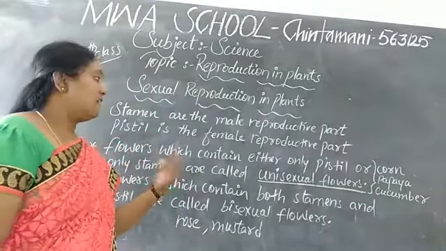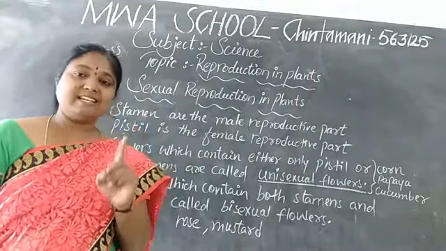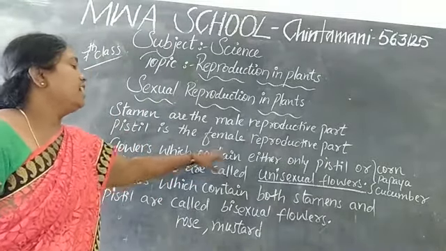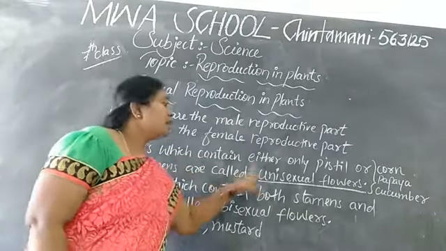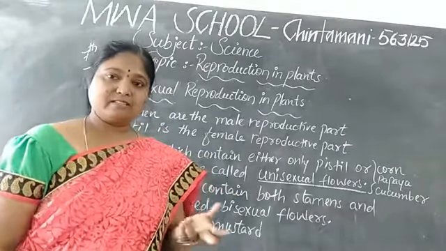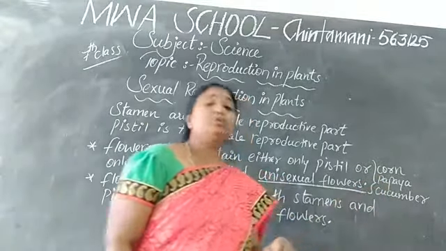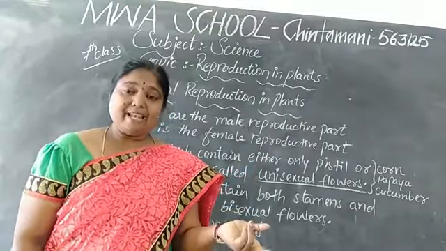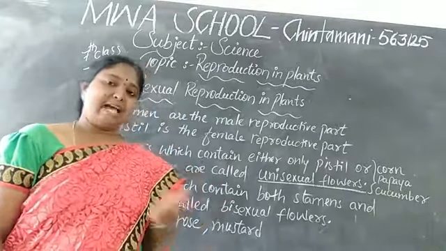Uni means only single. Flowers which contain either only pistil or only stamens are called unisexual flowers. The examples are corn, papaya, cucumber. So in these we can see either the male or the female one, pistil or stamen.